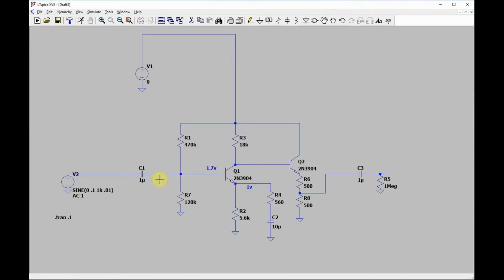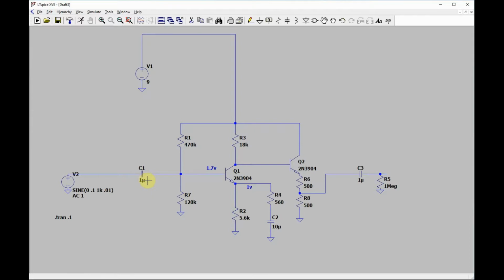You have to watch these capacitors here. How big of one do I need? There's a rule of thumb for general use: if you've got 10K input impedance you're going into, you need at least a 10 microfarad capacitor.